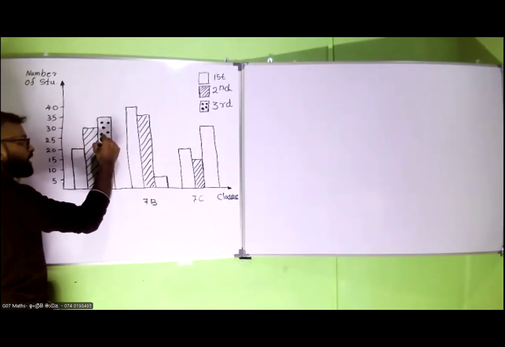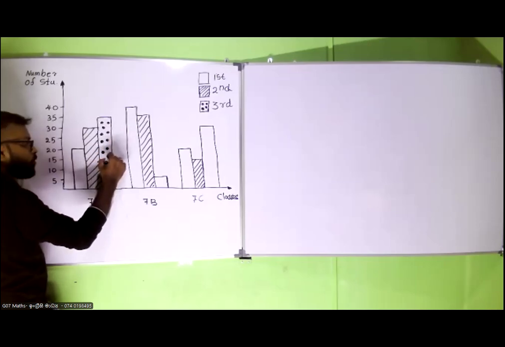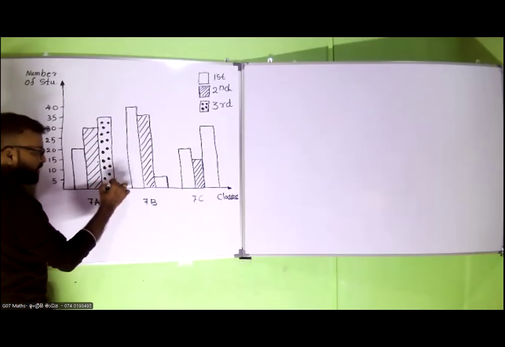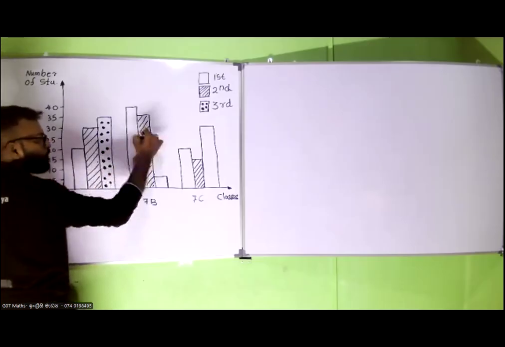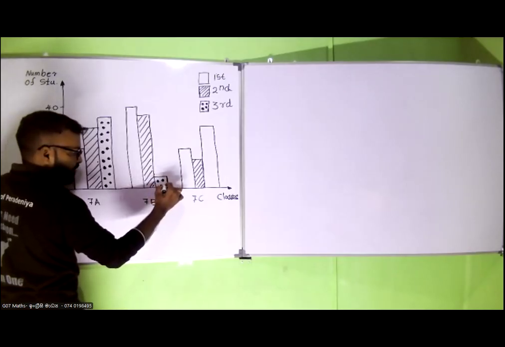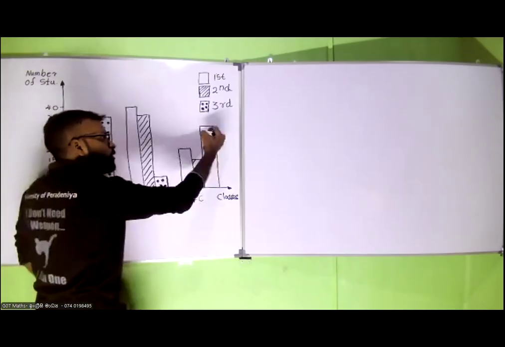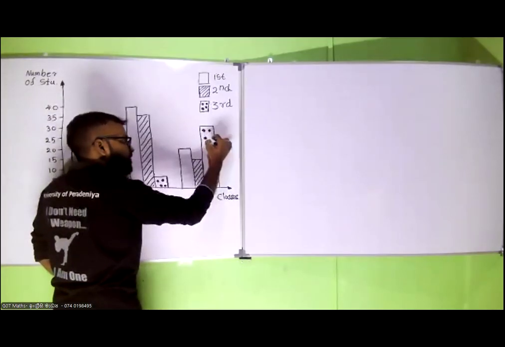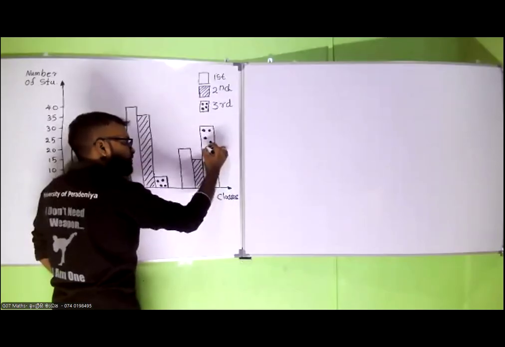Now I can clearly see what is my first week, what is my second week, and what is my third week by looking at this graph. Now this is the fully completed multiple column graph or multiple bar graph. So you will get full marks if you have this one.